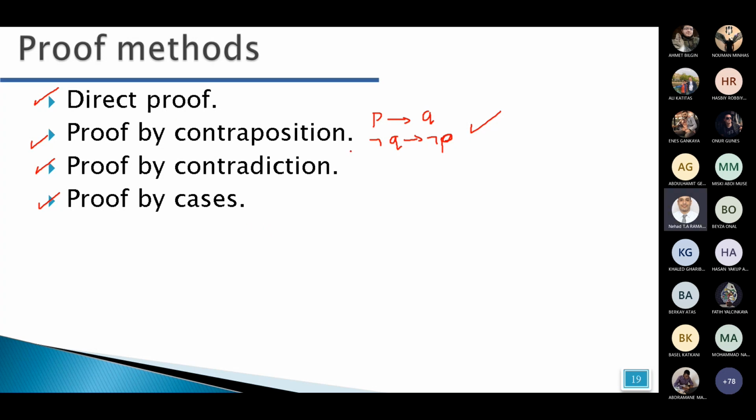Okay, let's take them one by one. Direct proof is actually to prove P implies Q: if we have premises, then we can reach the conclusion. The premises could be many statements, not only one statement, and they give us the conclusion. This is the direct proof.